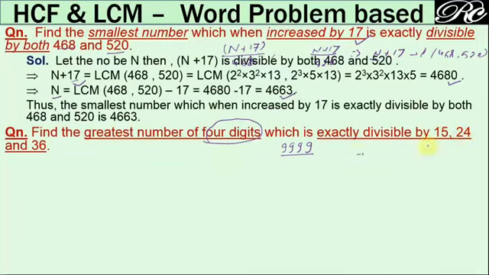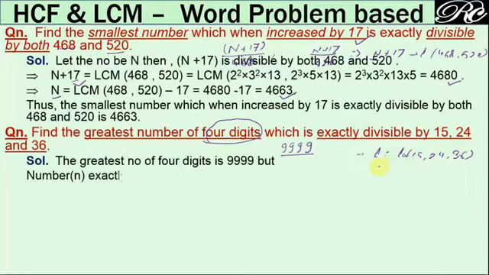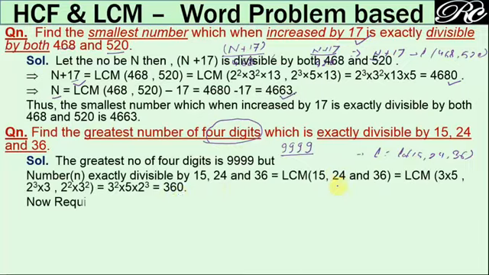Therefore, a number which is divisible by 15, 24 and 36 will be a multiple of the LCM of 15, 24 and 36. Now this LCM can be calculated by prime factorization.